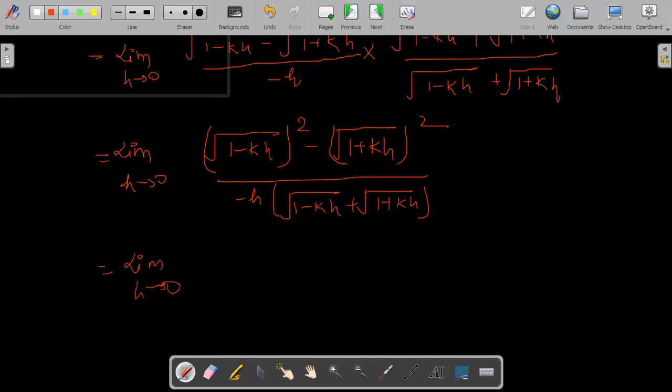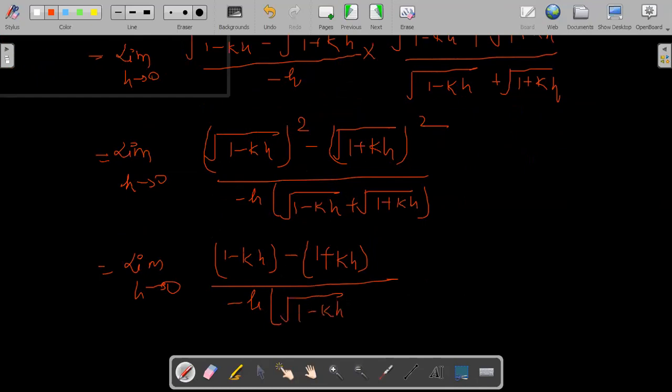Root over 1 minus kh square will give you 1 minus kh, and it will give you 1 plus kh, upon minus h times of root over 1 minus kh plus root over 1 plus kh.